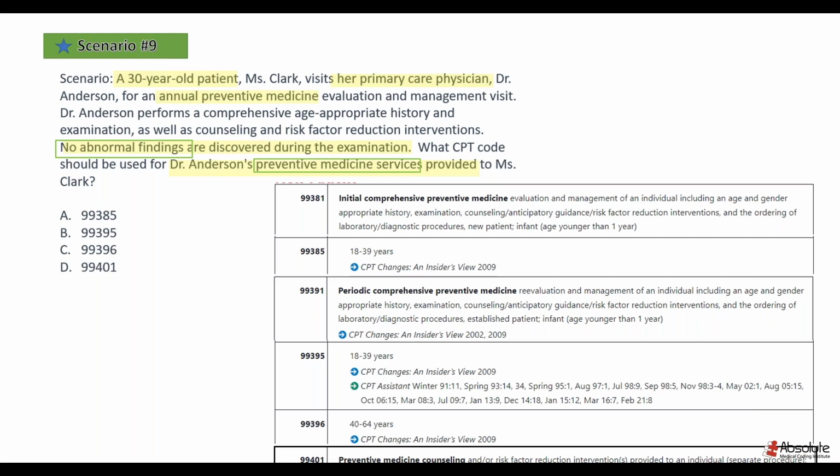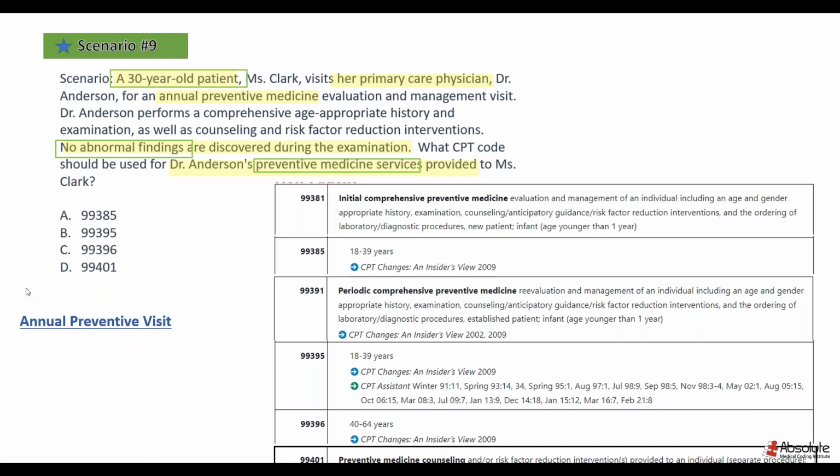So was there any problem in our scenario during this preventive medicine visit? Were there any abnormalities or any issues addressed? No. It was clearly mentioned that no abnormal findings were observed during the preventive medicine visit. So we are not going to code office visit codes along with the preventive medicine services here.